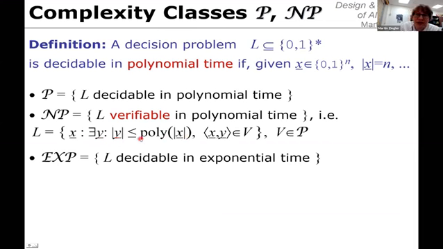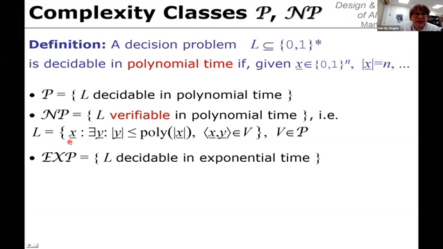If this binary string has length polynomial in the length of x, which we usually denote by n, and of course there are 2 to the n binary strings, so actually 2 to the polynomial of n binary strings of that length, so there are possibly 2 to the n, an exponential number of candidate witnesses to verify, and only if none of them satisfy this property, then we can be sure that x does not belong to L.